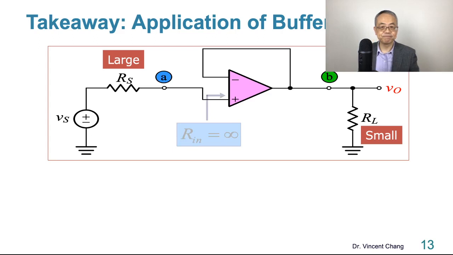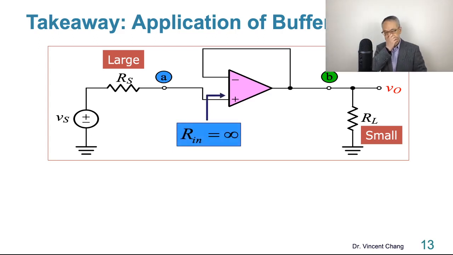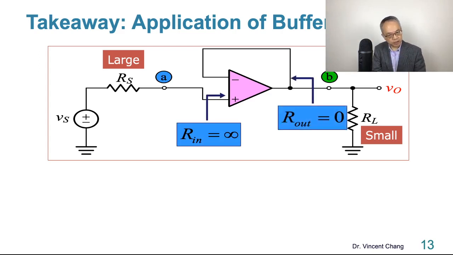Because the input resistance of the buffer is infinite and the output resistance of the buffer is 0, there's no current going through RS. There's no voltage drop across RS. So VS will be directly transmitted, copied onto the non-inverting input of the op-amp.